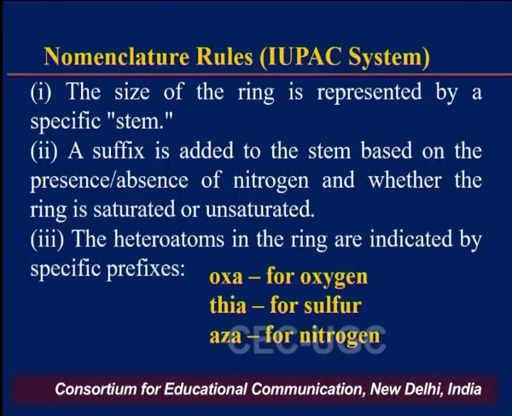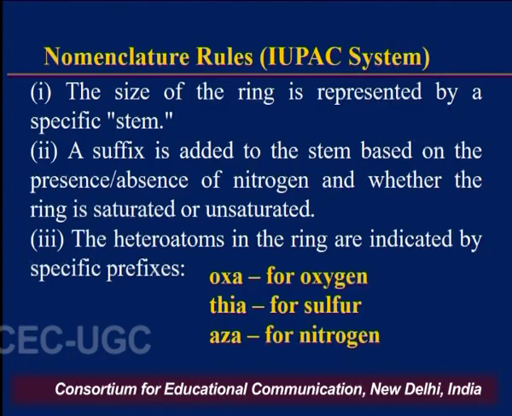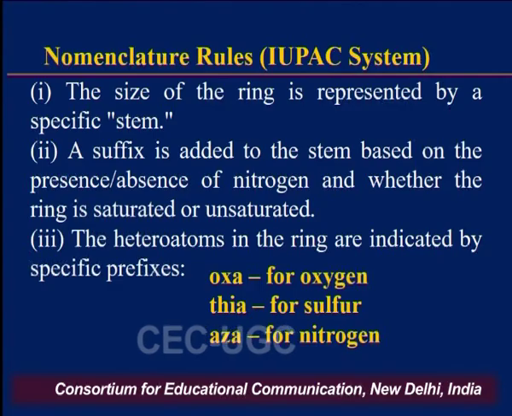The third rule is for choosing the prefix. The heteroatoms in the ring are indicated by a specific prefix. For example, if oxygen is the heteroatom in the ring, then oxa will be the prefix.